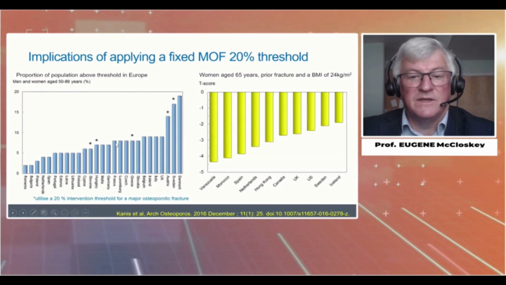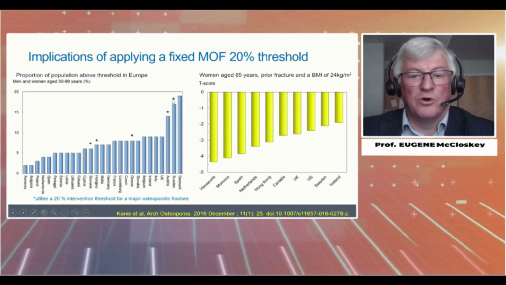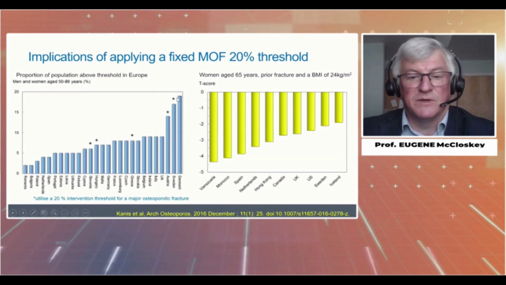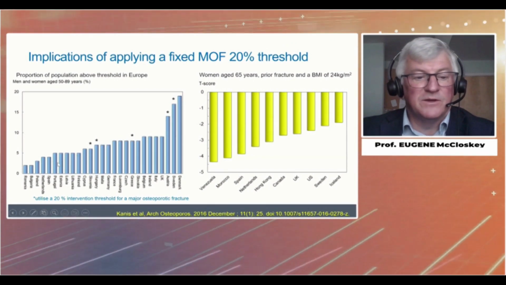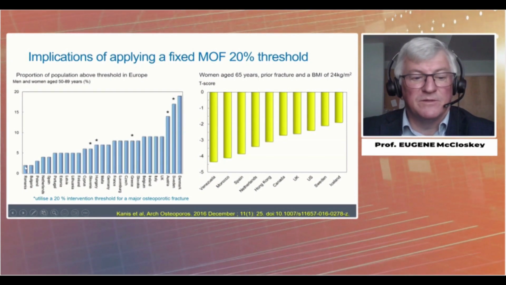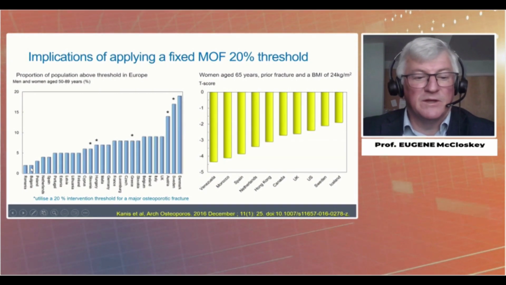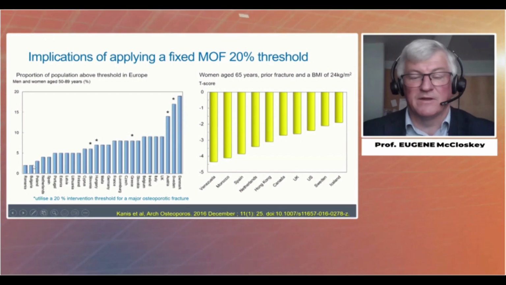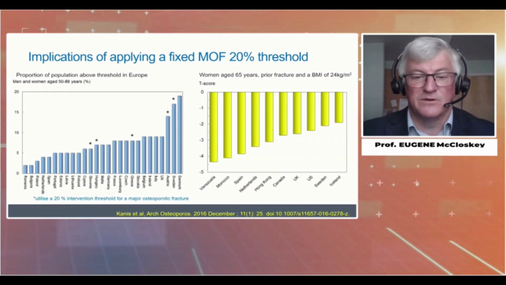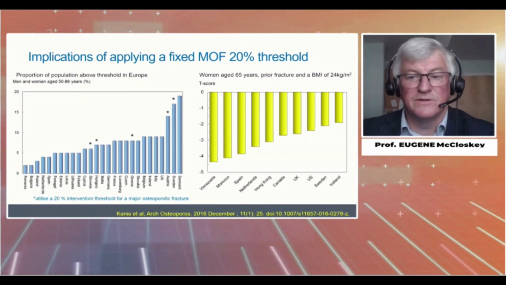And you can see that ranges from almost 20% in places like Sweden and Denmark, right down to about 2%, 3% in places like Romania and Bulgaria, just reflecting the fact that there are lower risks in certain countries compared to other countries.